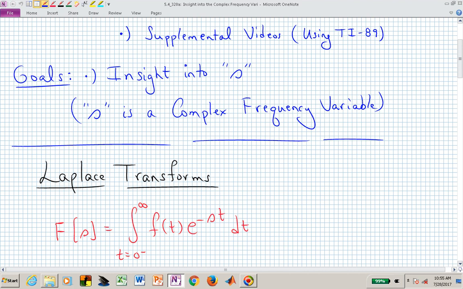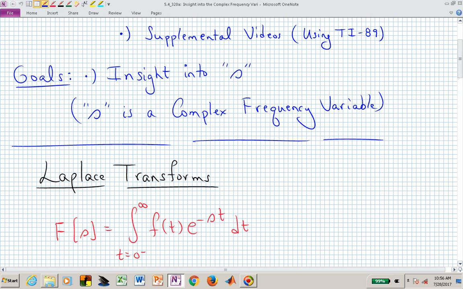What does this e to the minus st look like for different values of s? We're allowing s in this Laplace transform to assume any value, and because of that, we want to know what e to the minus st looks like at particular values, to provide us some insight into this complex frequency variable s and how it's being used.